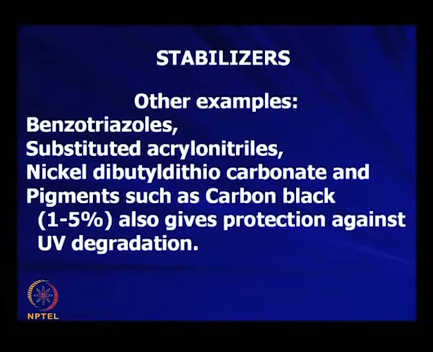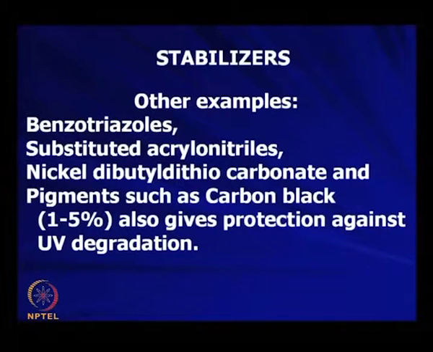Other examples: benzotriazole, substituted acrylonitriles, nickel dibutyl thiocarbamate, pigments, carbon black at 1 to 5% also gives protection against UV radiation. I did a substantial level of research in my lab on this degradation and stabilization of polymers earlier.